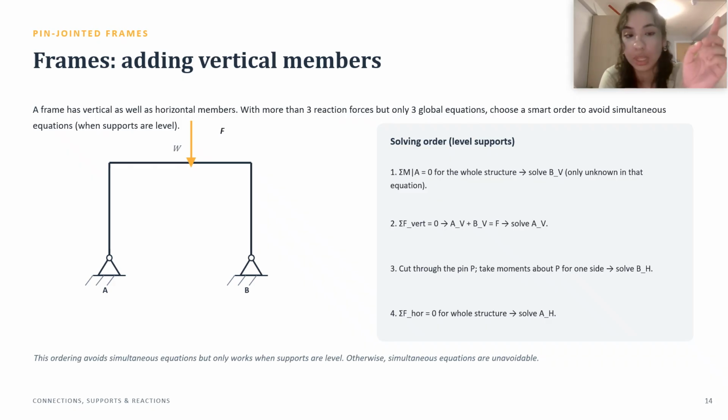First of all, let us take moments about one of these supports. Let's take moments about A. Because the sum of the moments about A must equal 0, that way we will cancel out AV and AH. And we will also then have to find BV and BH.